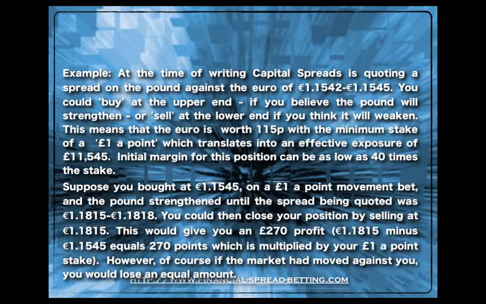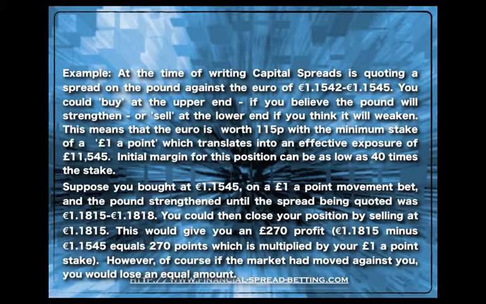This means that the pound is worth 1.1545 euros with a minimum stake of £1 a point, which translates into an effective exposure of £11,545. Initial margin for this position can be as low as 40 times the stake.